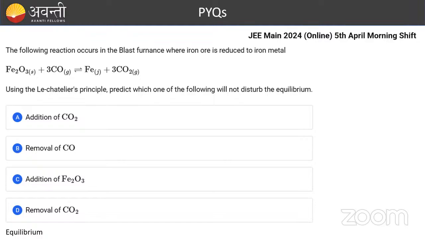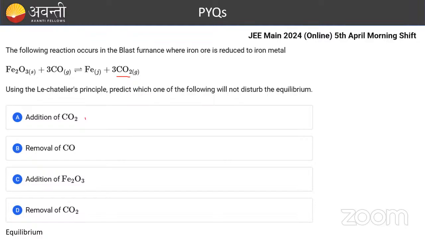Now we have to find out which will not disturb the equilibrium. Let's go one by one. Addition of carbon dioxide: carbon dioxide is a product. I am increasing the concentration of this gaseous product, so automatically the equilibrium will shift towards the backward direction. If I increase the product, then it has to go to the left-hand side to keep them in equilibrium.